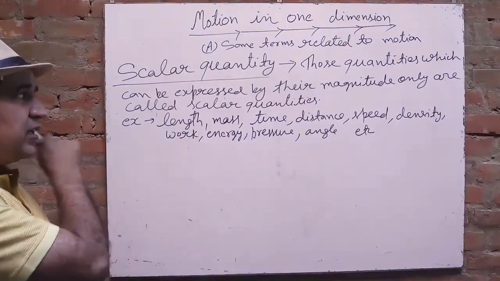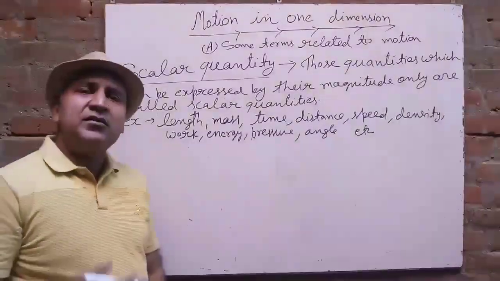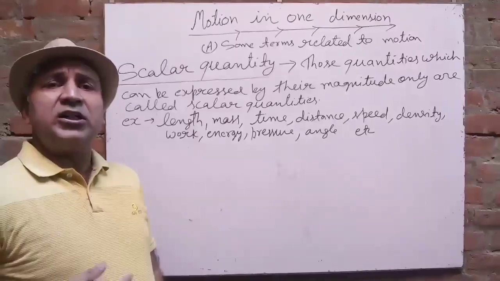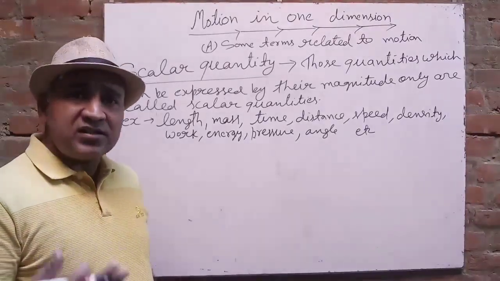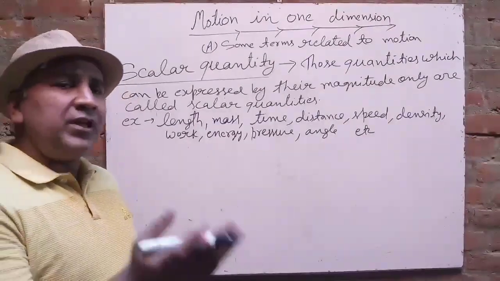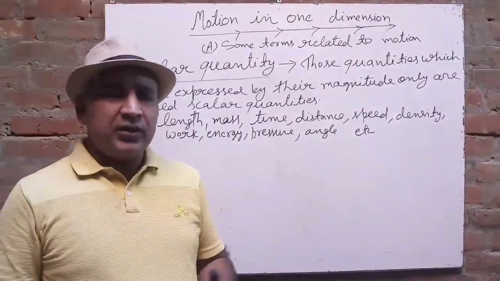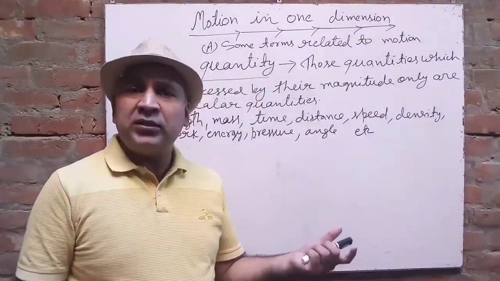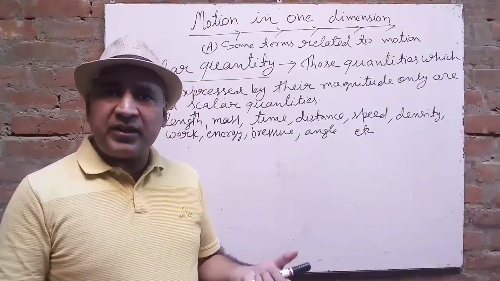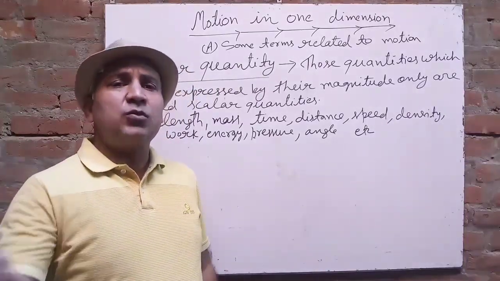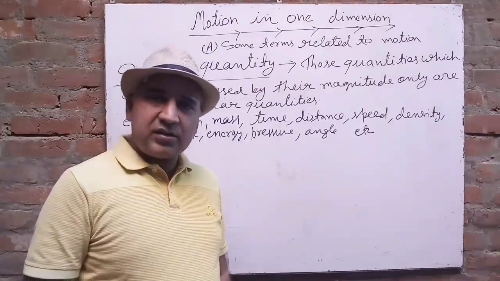Understood? Scalar quantities can be added, subtracted, multiplied or divided by simple algebraic method. Suppose that two lengths are there. One length is 2 meter and the other length is 5 meter. Then we can add both the lengths by simple algebraic method, meaning 2 plus 5 equals 7 meter. Is this clear?